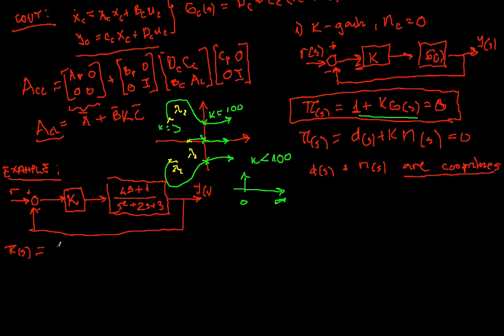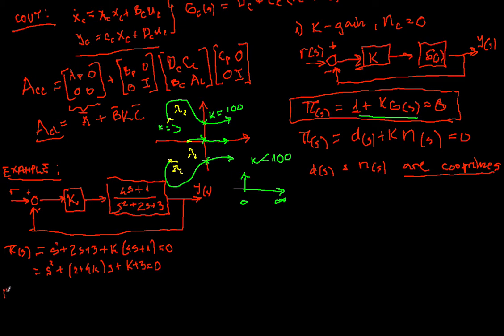In this case, we have s squared plus 2s plus 3 plus k times 4s plus 1 equals 0, and after we group the factors and coefficients, we have s squared plus (2 plus 4k)s plus k plus 3 equals 0.